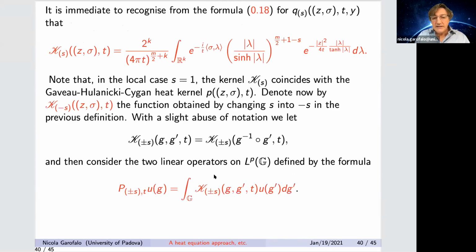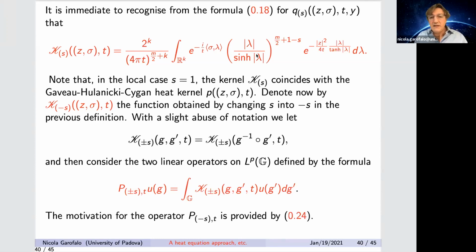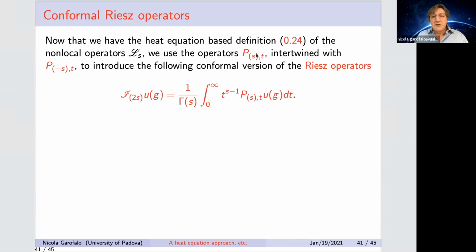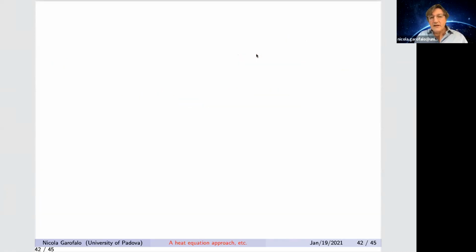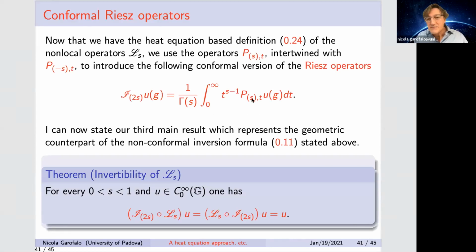I want only to tell you that P_{-s} is given by this K_{-s} when you put minus s in here. And P_s is given by the corresponding one where there is this K here. And these have some precise meaning. Then, using this P_s, we can construct the Riesz operator.